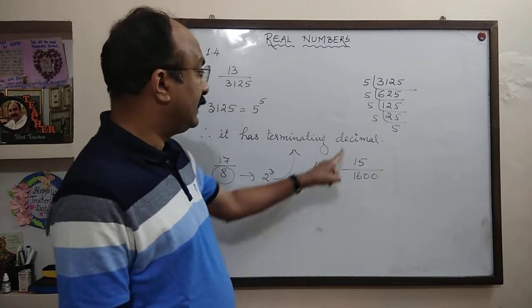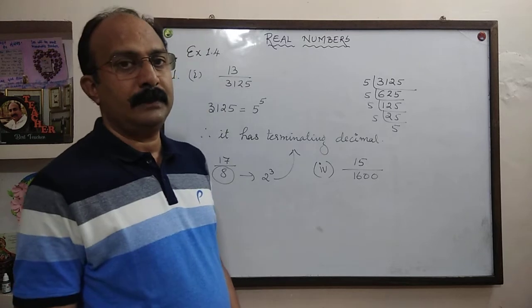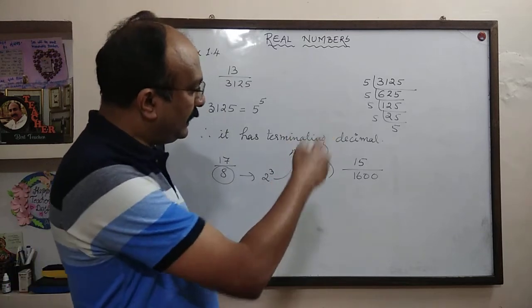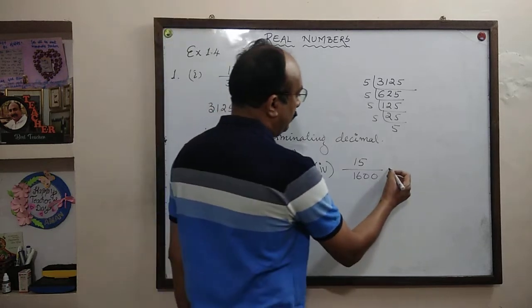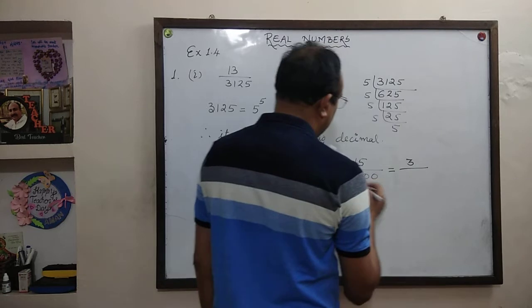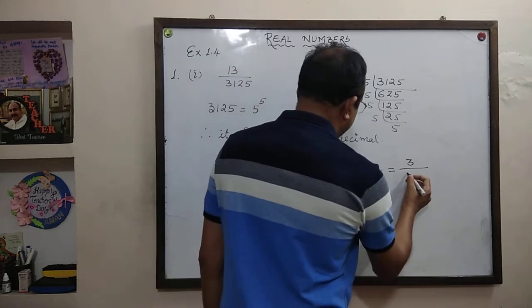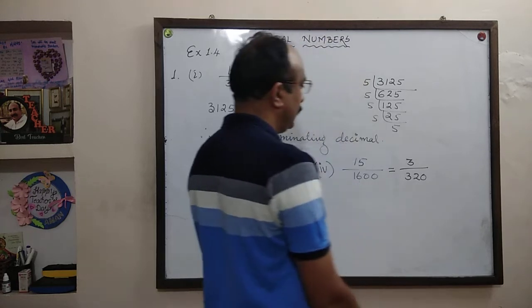What is that? 15 and 1600 are not coprimes. So first of all, you have to cancel them and change it into coprime form. Both are divisible by 5. So it must be 3 upon 320.